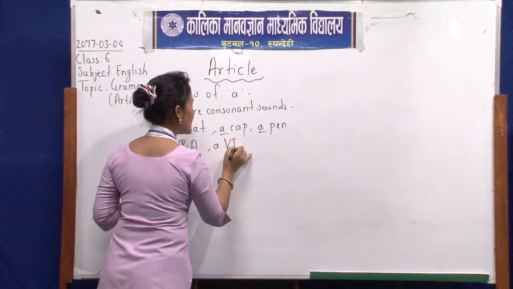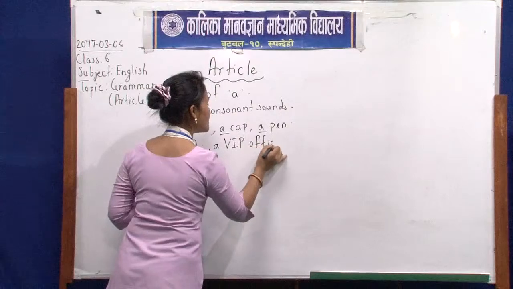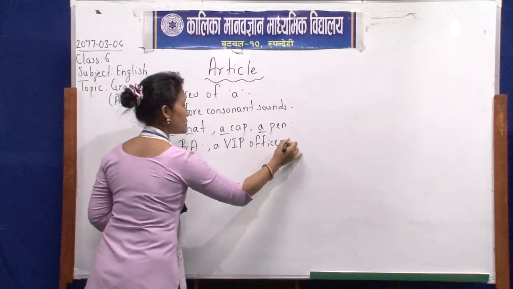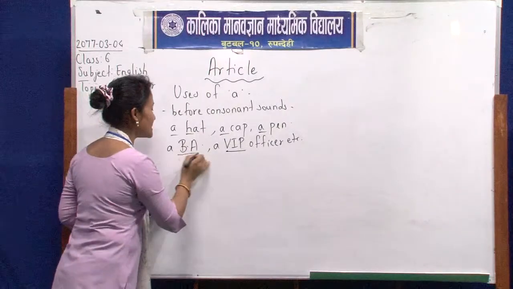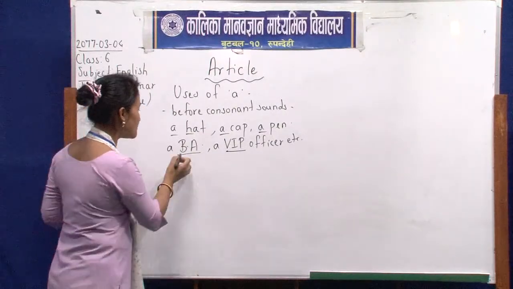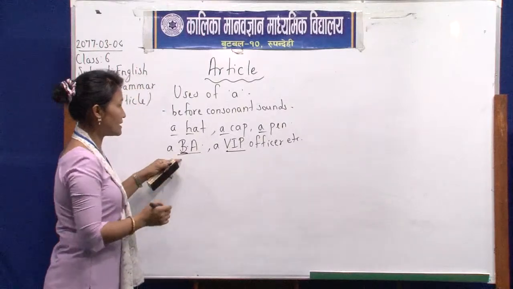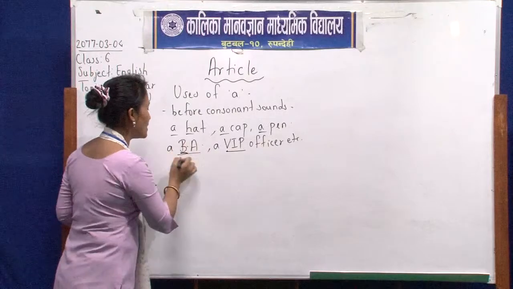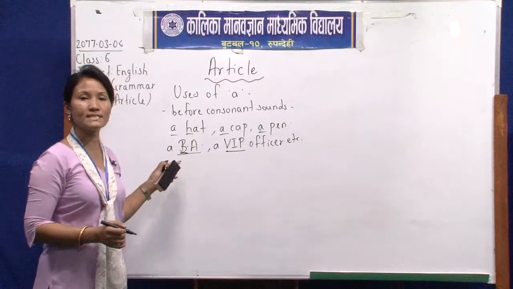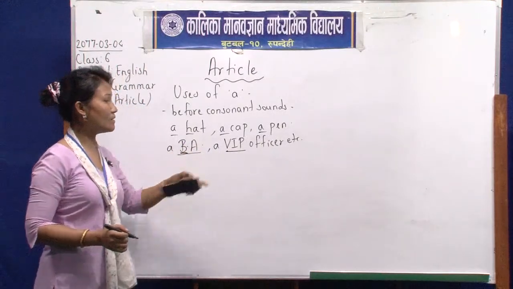A VIP officer. Now see here, VIP is a short form. Likewise, BA is also a short form. But the initial letters here are in consonant sound. So such types of abbreviated forms also take a: a BA or a VIP officer.